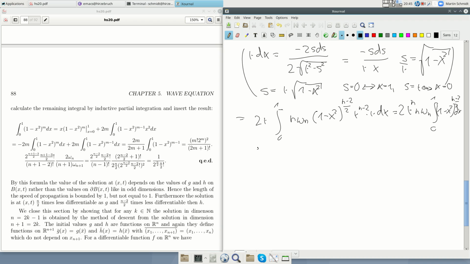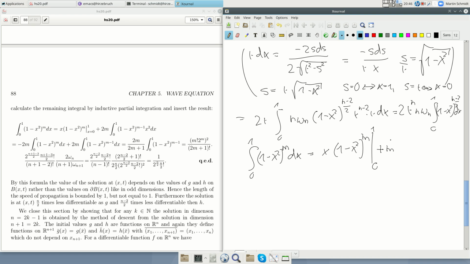And how to calculate the integral from 0 to 1 of (1 minus x squared) to the power of m dx? Now we do a partial integration. So we say this is 1 times this function. So this is x times (1 minus x squared) to the power of m from 0 to 1. And now minus, but the inner derivative is of course plus m.